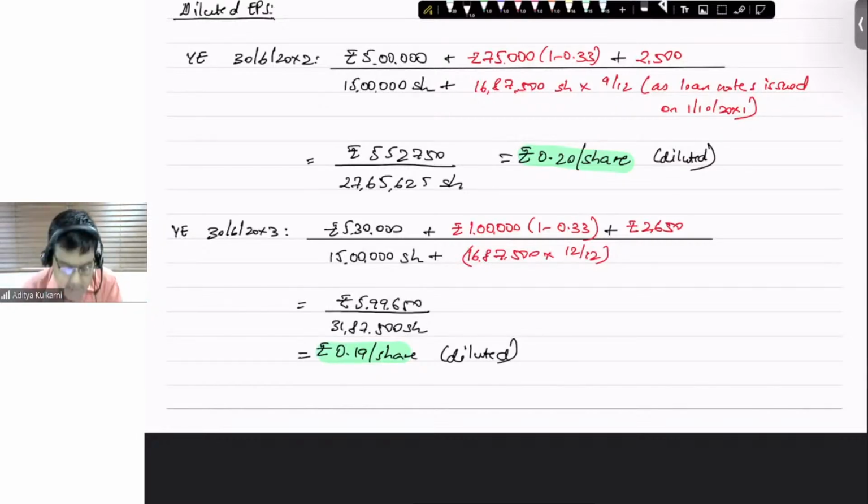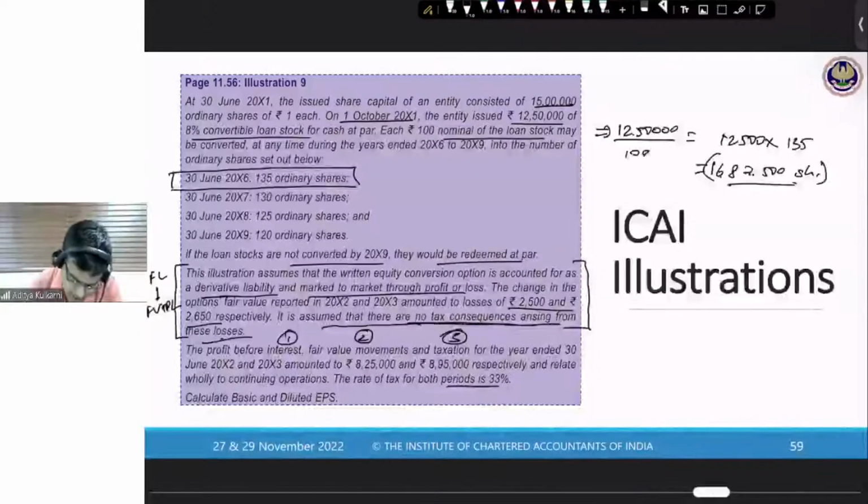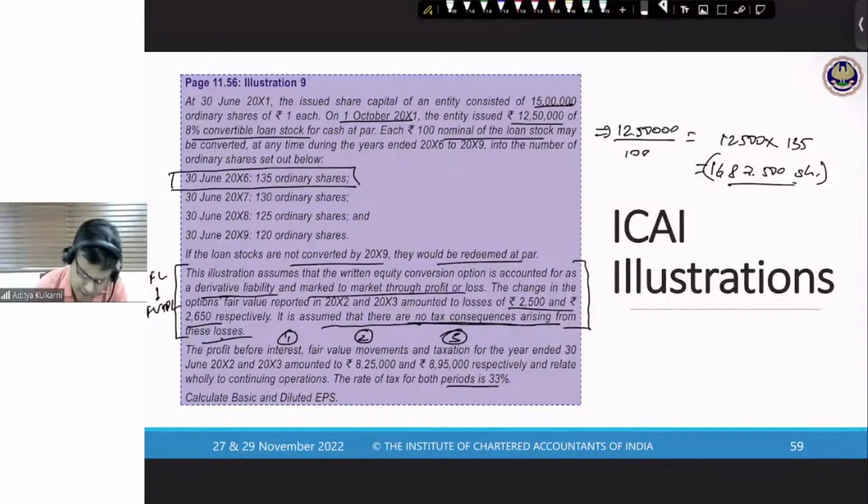Essentially, these options, let me briefly put it up for you. It has issued 12,50,000 worth of loan stock to be converted into shares.